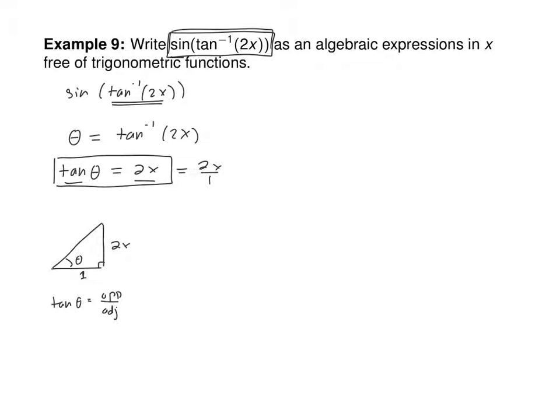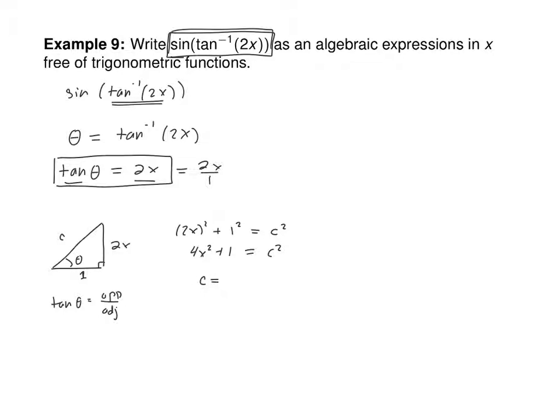Does that make sense? So call that side c. It'd be 2x, the whole thing squared, plus 1 squared equals c squared. So what is 2x times 2x? 4x squared plus 1 equals c squared.